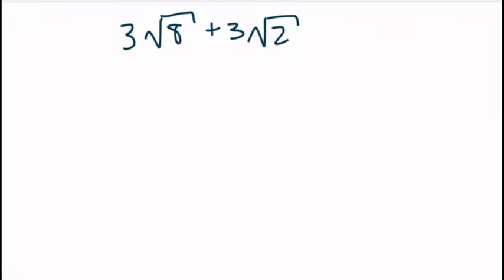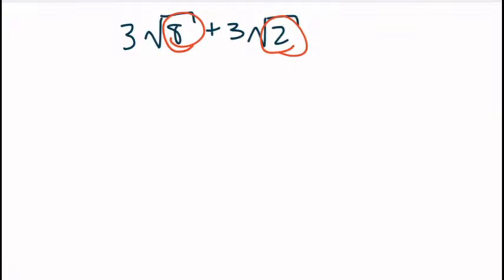Now, I mentioned that you should never mess around with anything inside the radical, and you can't perform an operation unless the radicand, which is the number inside the radical, is consistent. And so because these terms are not consistent, as you can see, one is radical 8 and the other is radical 2, you cannot add them together. But we can change this to make it easier to simplify.